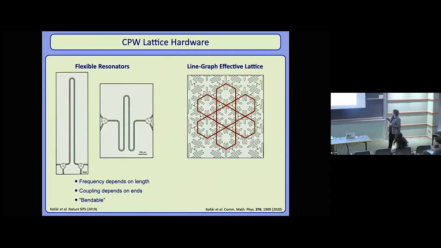So all of the hardware that I'm going to draw is going to look like a honeycomb, but it's going to make Kagome-like lattices, which are a mathematical object called a line graph. And it turns out that basically every single one of these is guaranteed to exhibit flat bands. So we have very flexible layout and connectivity, and we have a massive predilection for making flat bands that comes from using CPWs as our lattice site.